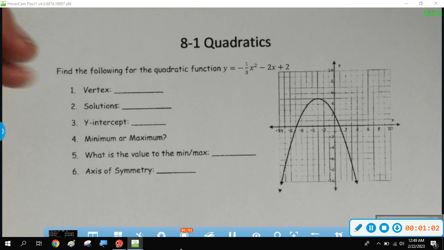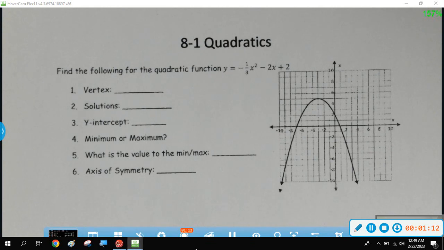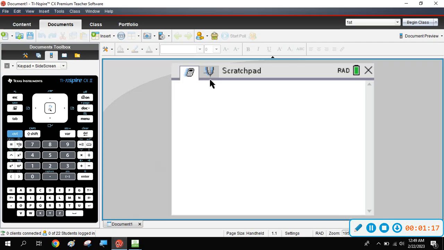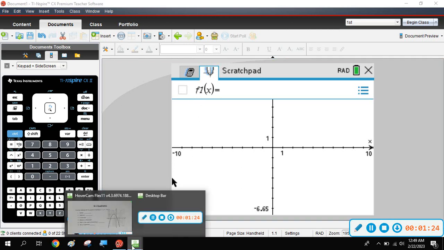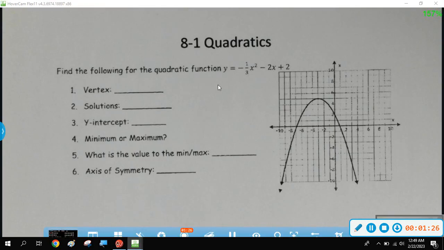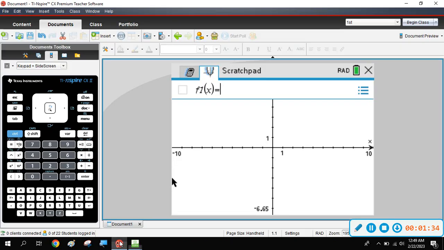And so the question is, how do we find it? Well, the easiest way to find it is to use our calculator. If we take our calculator and go to the graphing portion of it, and graph the equation that we have here, y equals negative 1/3 x squared minus 2x plus 2, I'm going to plug that in exactly the way it is.